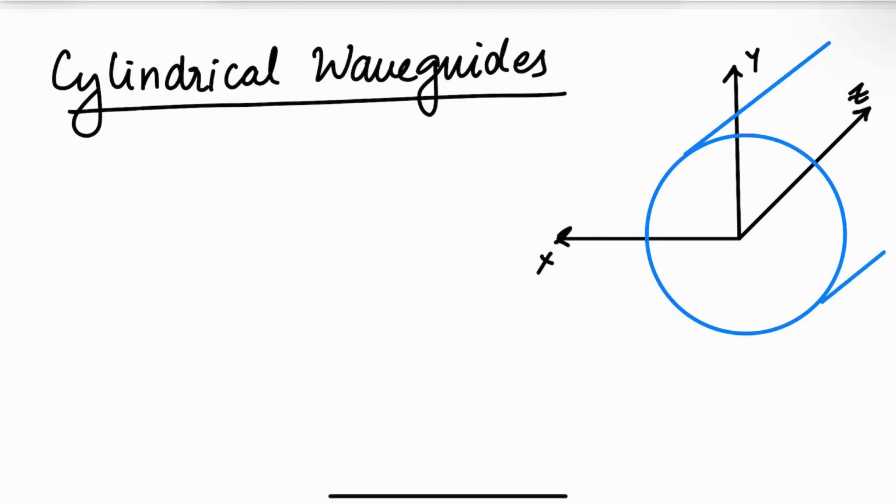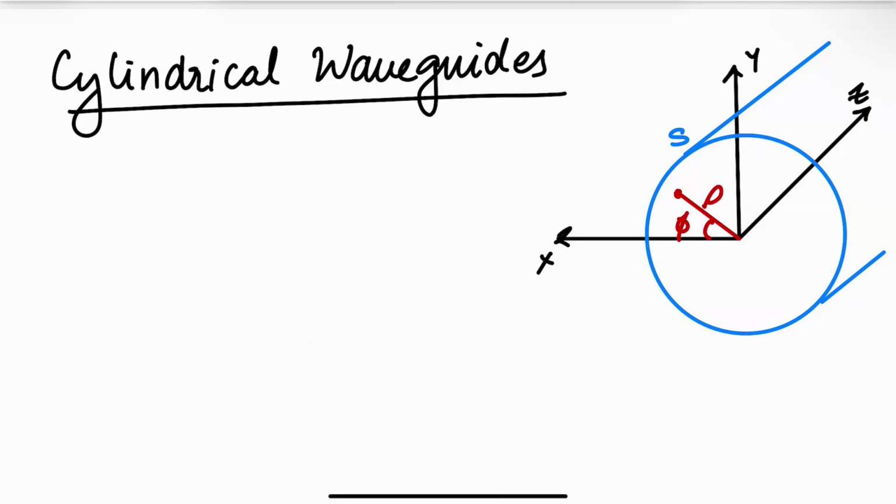At some point on this waveguide, a point is represented by rho, phi, and Z. This surface is called S. It's metallic.